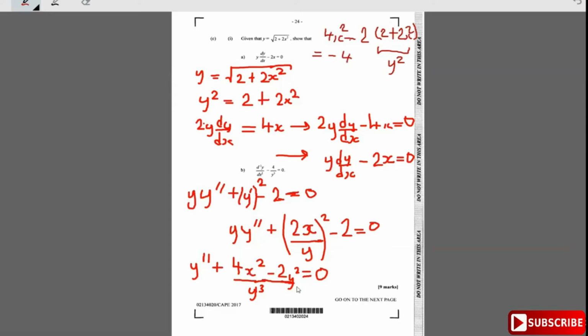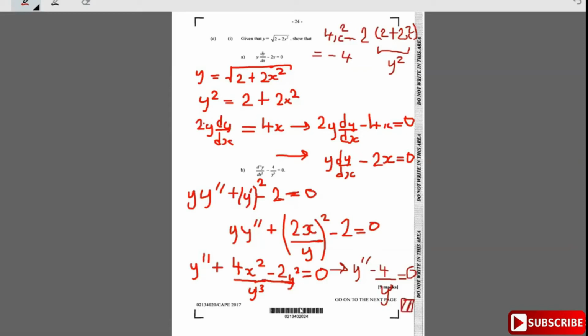So this part works out to be minus 4 in the numerator. So this implies that y double prime works out to be minus 4 over y cubed equals 0. So that is shown. Nice.